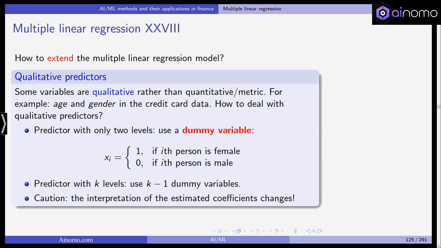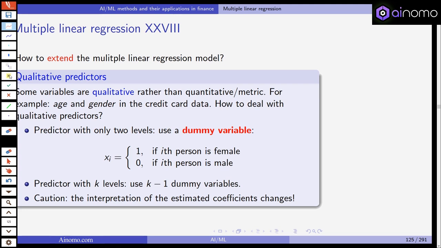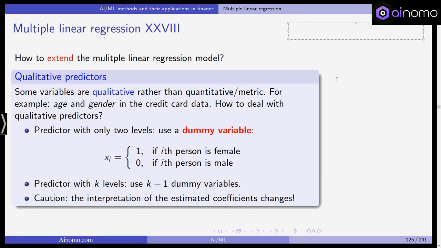For example, if we want to code, let's say, age in a very simple fashion, we can say dummy variable x1 is 1 for age smaller than, let's say, 20 years, and 0 otherwise. x2 is 1 for age larger than 20 years and smaller than 40 years, and then 0 otherwise.